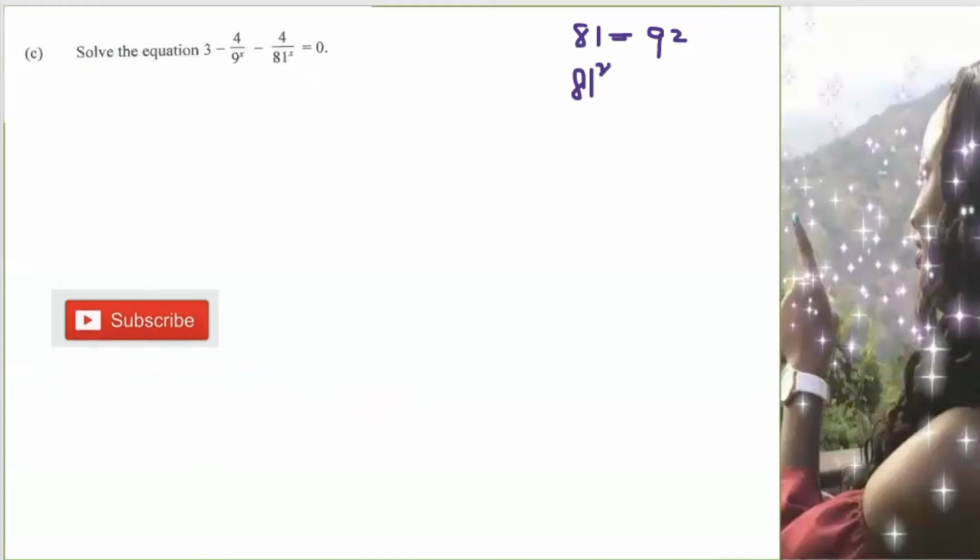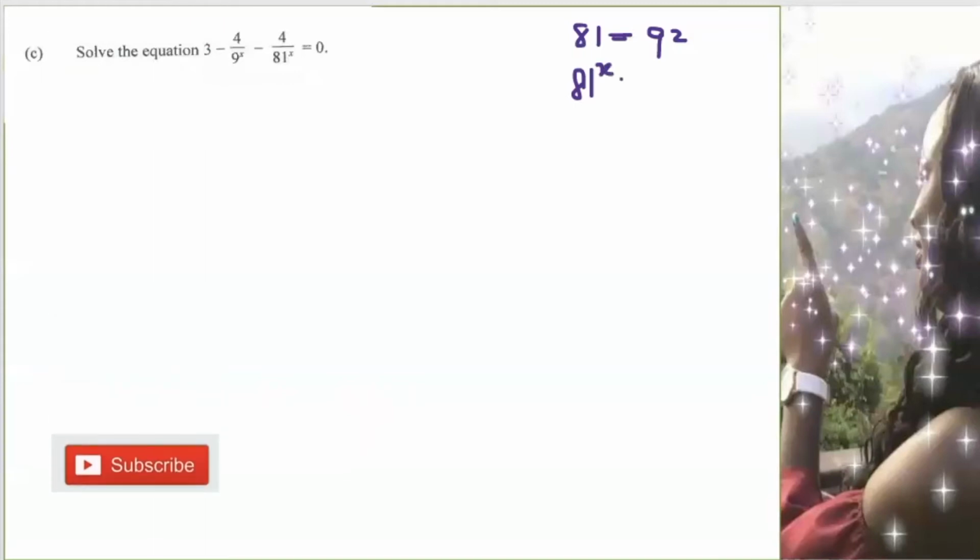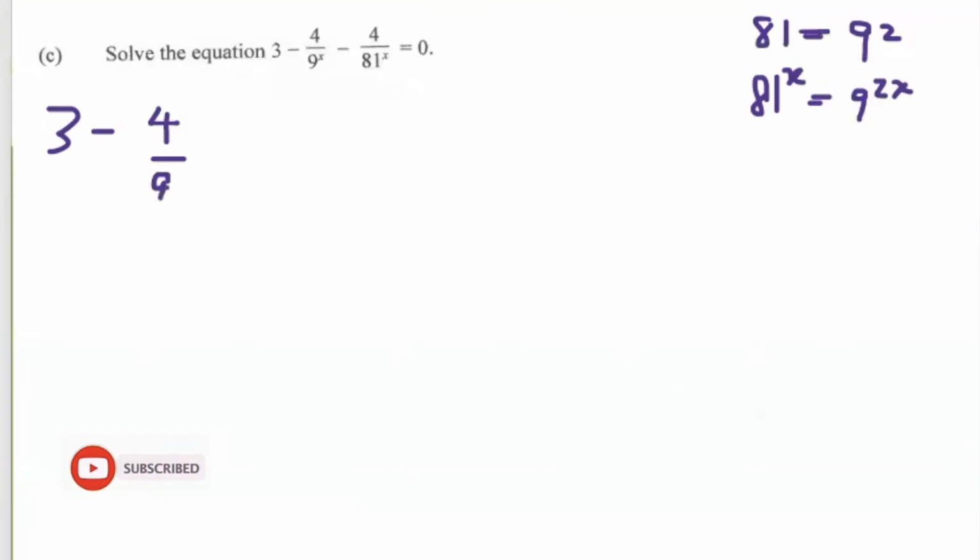So if I have 81 to the power x, it is the same thing as changing the 81 to 9 squared, then I have the x attached to it. So I am going to change the denominator where I have the 81 to the power x, replacing it with 9 to the 2x. So that's what I am going to write here, 4 over 9 to the 2x.